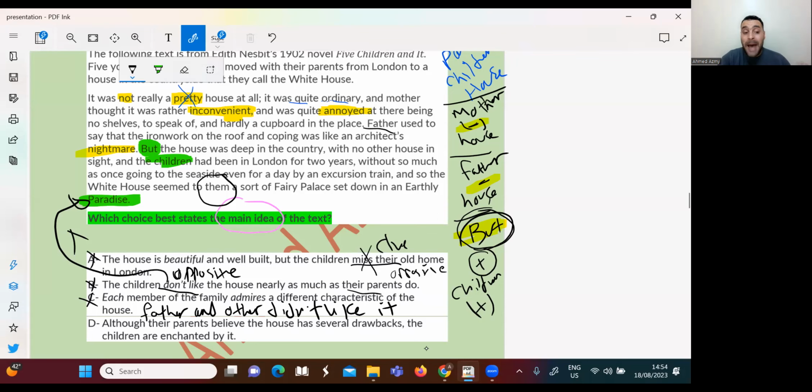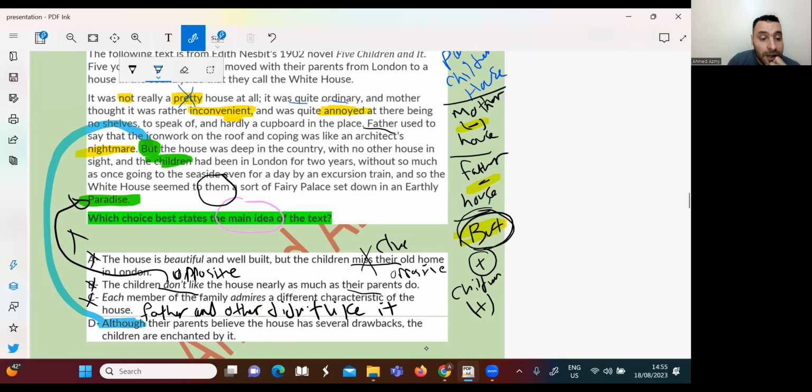Although, and match it to the mapping. Although their parents believe the house has several drawbacks. Excuse me Hassan, a question: the word although here, if you want to match it to a word in the text, what would it be? I want something showing contrast. Relationship. But, bravo. But, because above it told me there are two opposite things, and indeed the feelings of the mother and the father are different from the feelings of the children.